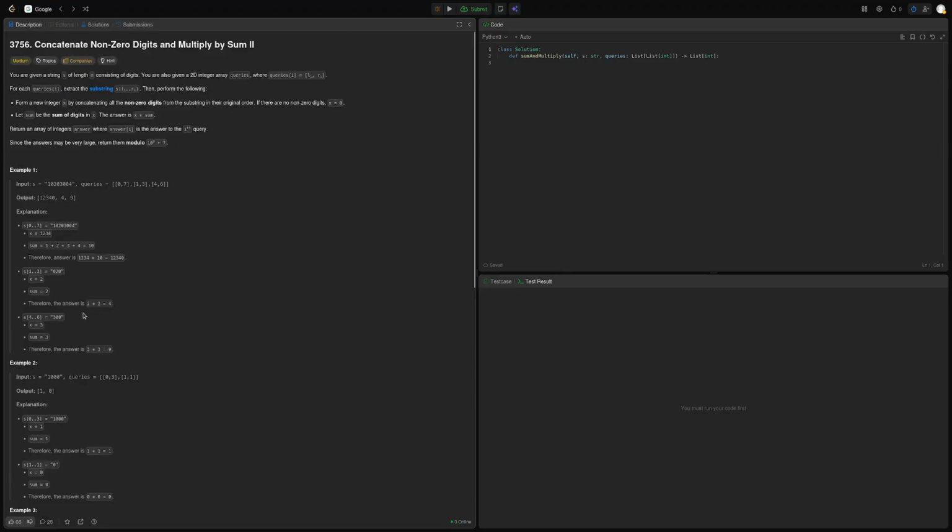Okay, sum we can do with prefix sums, so that's easy. Now the problem is how do we get the number. I think that should be easy too.